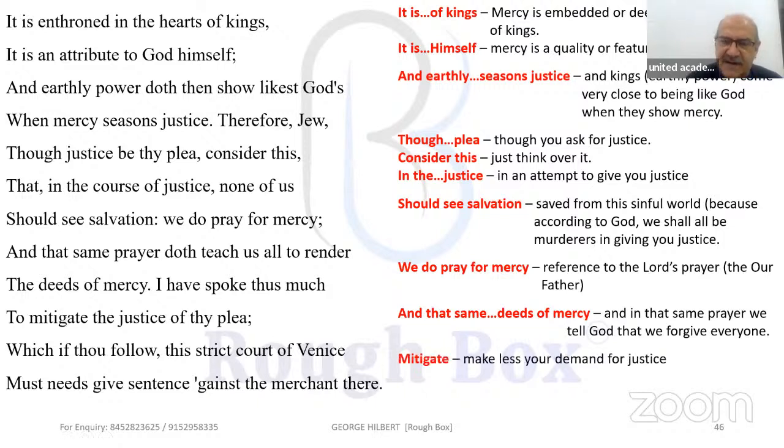To make less your demand for justice, which if we follow, which if we give you your justice, then this strict court of Venice must needs give sentence against that merchant there. Shylock, if we have to give you justice, then we will have to allow you to cut Antonio's pound of flesh. And in the process of cutting, he may die and all of us will become sinners.